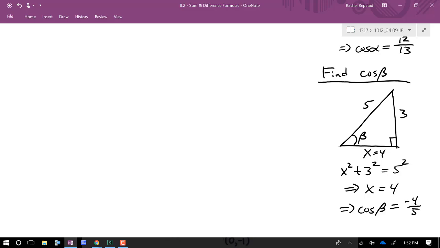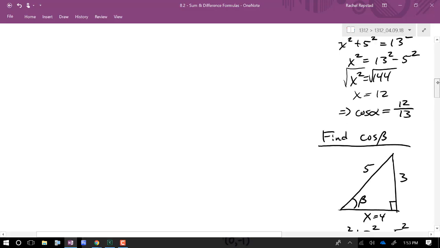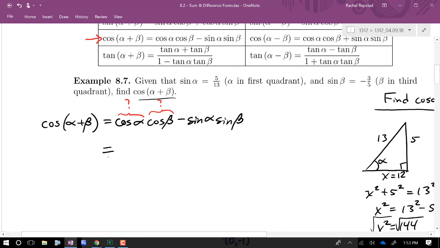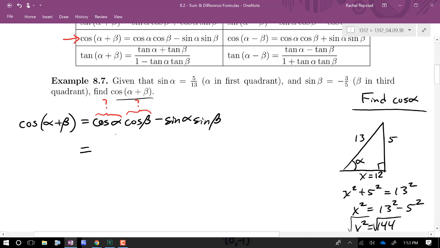So we've got all the pieces we need now. Now we can go back up and say, oh yeah, what were we doing? We wanted to find cosine of alpha plus beta. So cosine alpha was 12 over 13. Cosine beta was negative 4 over 5. Minus sine alpha is 5 over 13. And sine beta is negative 3 over 5.